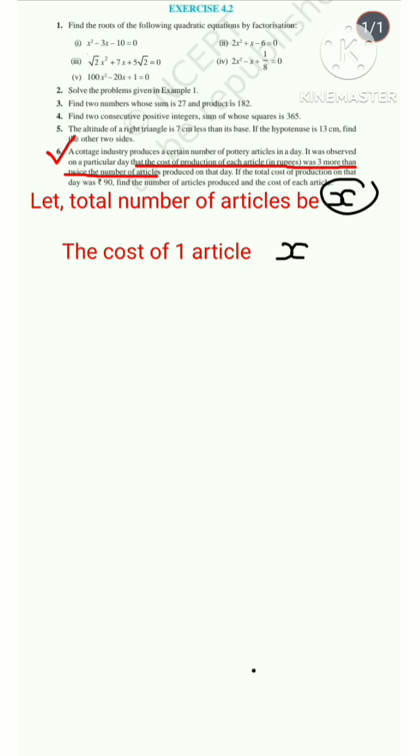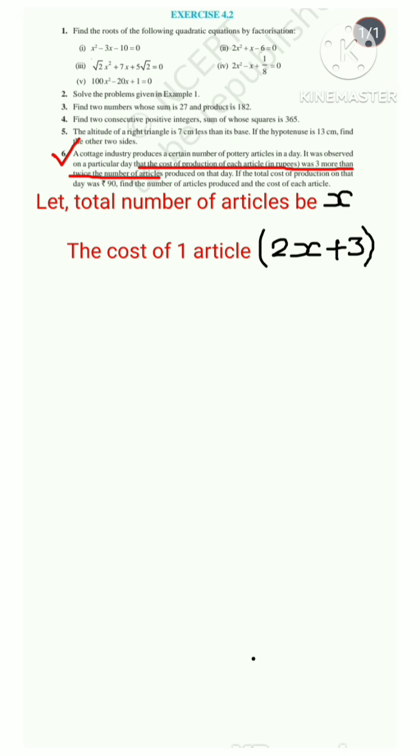Twice of it means 2 times x, and 3 more than means plus 3. This is the cost of one article, right?